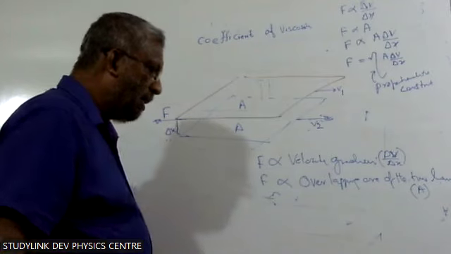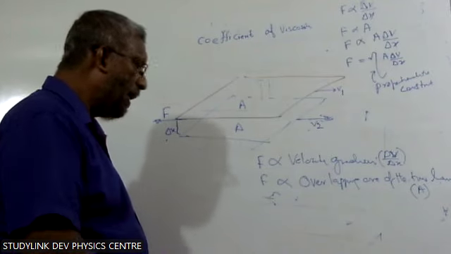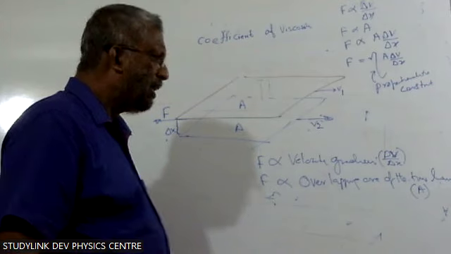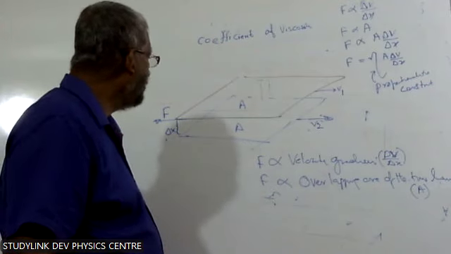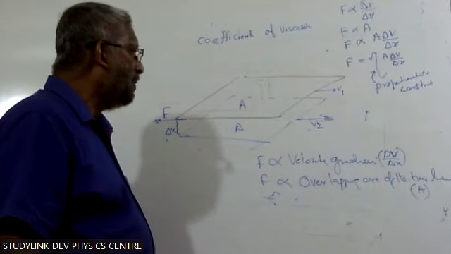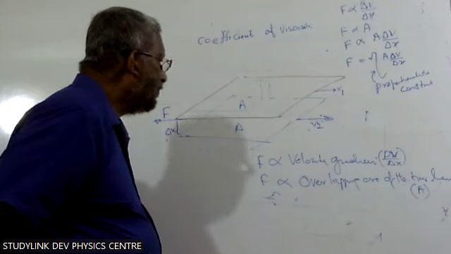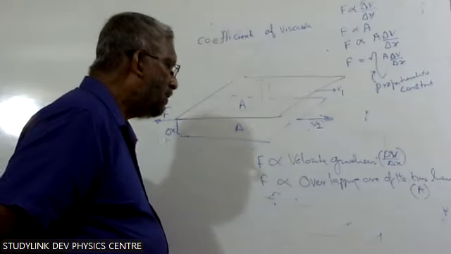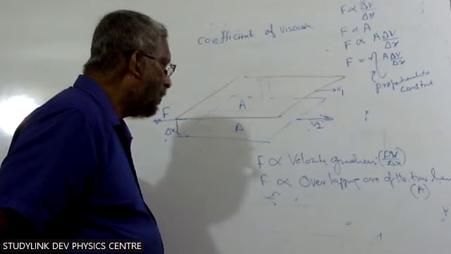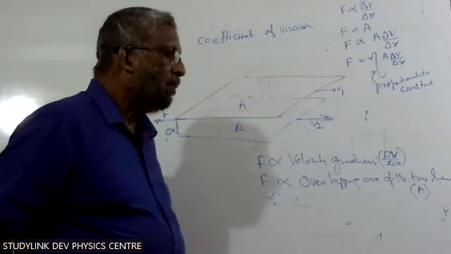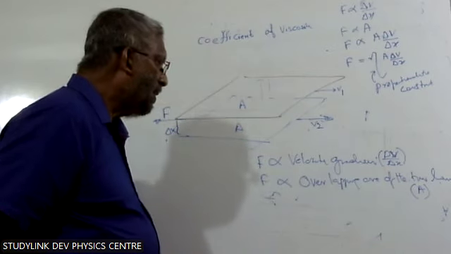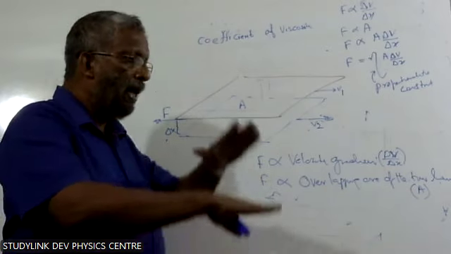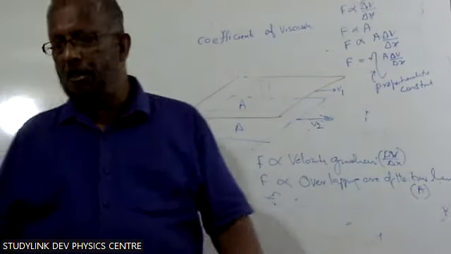When a liquid is flowing as laminae, you can say laminas also, it's not a great problem, the viscous force between the layers or between the two laminae is directly proportional to the velocity gradient and the overlapping area between the two layers.